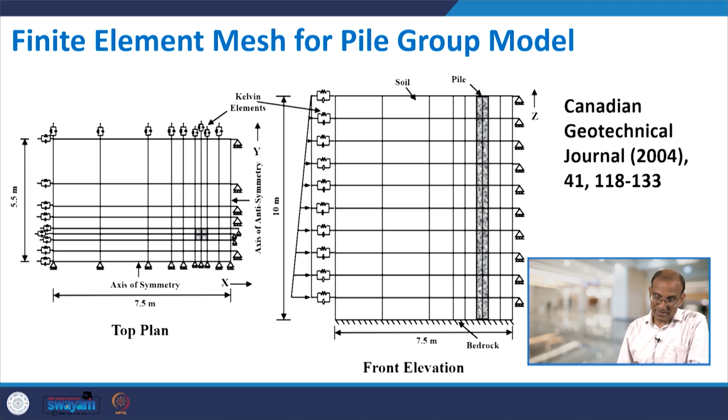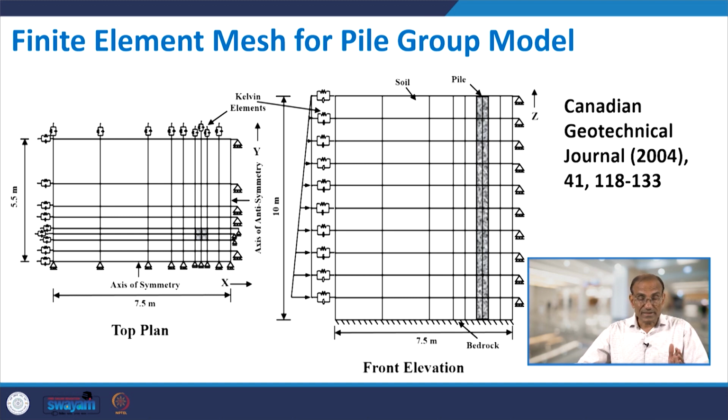Let us see in the plan, this is the boundary condition where rollers are applied, using the axis of symmetry concept, and this is the axis of antisymmetry. Once you apply these rollers, that means in the 2D case you can move in the horizontal direction but not in the vertical direction. But at this boundary at the sides, again you can move in the horizontal direction but not in the vertical direction. So these are the two boundaries, axis of symmetry and axis of antisymmetry.